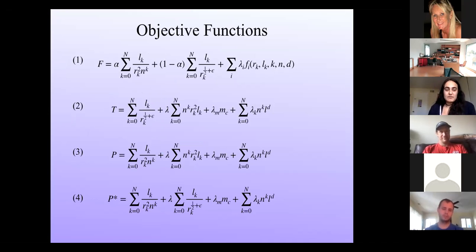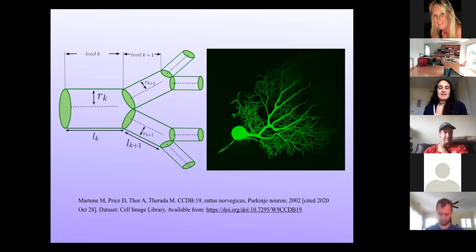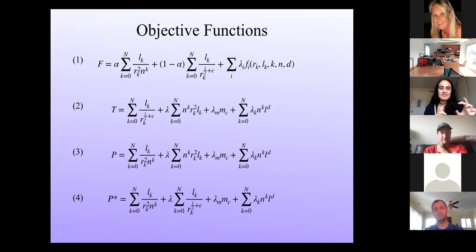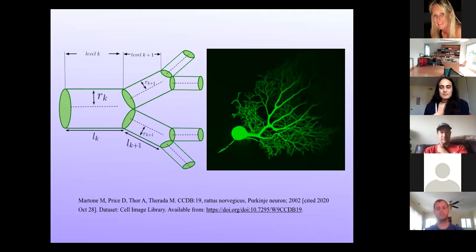So in equation 1, the first term relates to energy, which we've represented as power loss due to dissipation. And we formulated this based on the fact that we think about these processes as wires through which there's an electrical current. So we formulate this as resistance to current flow through a wire. And then this term in the denominator where we have n to the power of k, the little n is the branching ratio.